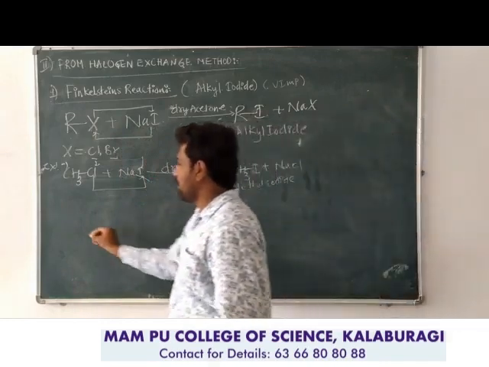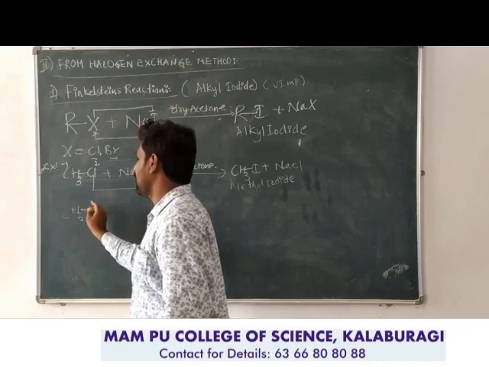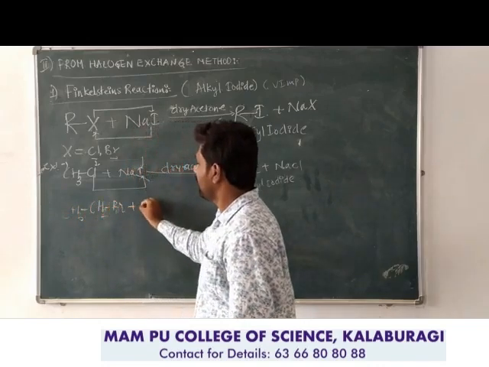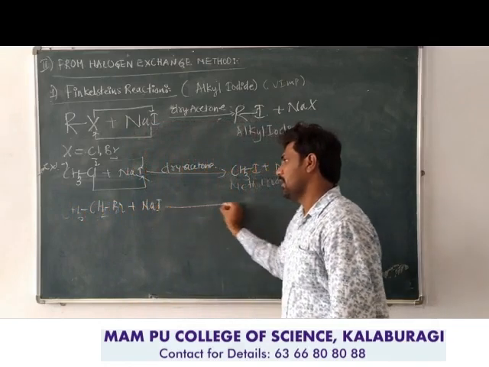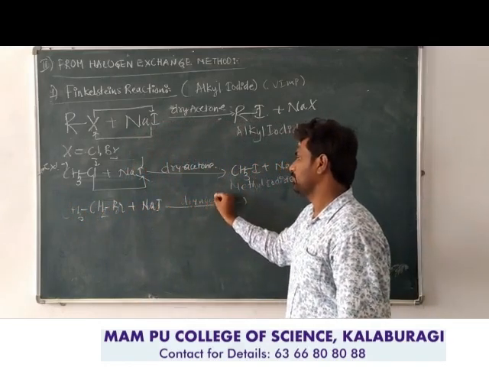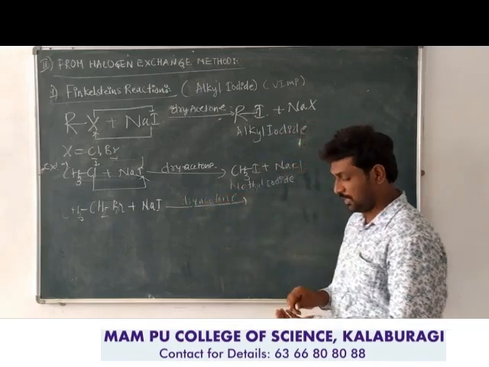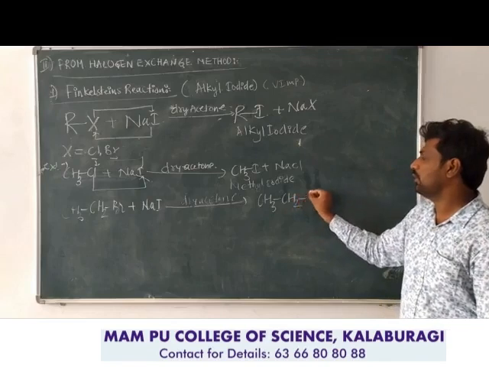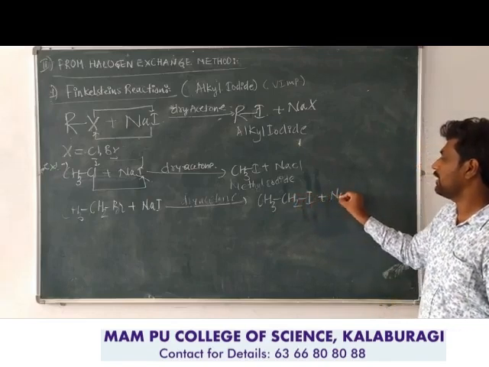If I take ethyl bromide, it reacts with sodium iodide in the presence of dry acetone. I get CH3CH2I plus NaBr.